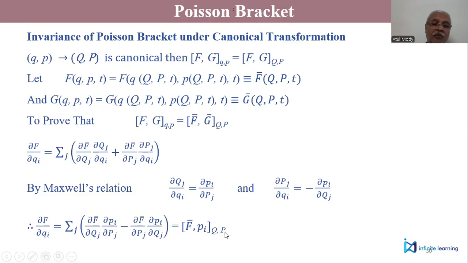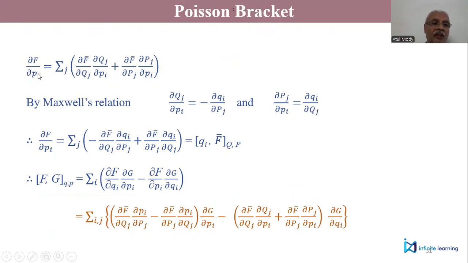Capital Q and capital P are your new coordinate and momentum. This is one quantity. Similarly, you do dou f by dou p, and by the same rule, Maxwell's relations, you will get that as the Poisson bracket of Q with f with respect to the new coordinates.